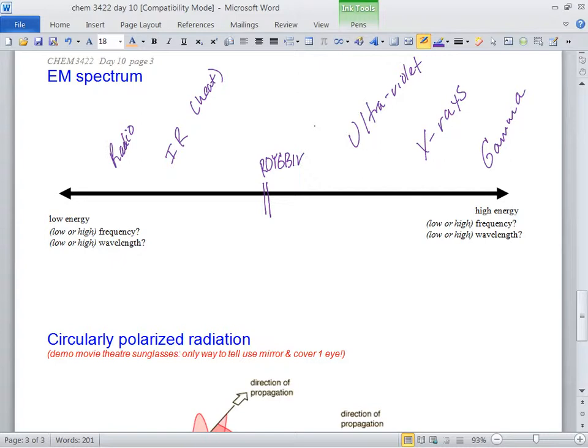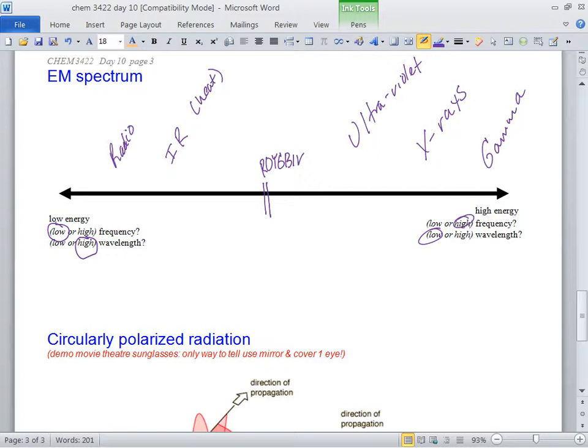Radio waves, maybe we should do this part first. Low energy is low or high frequency? You my PChem people? Low energy is low frequency and very long, big wavelengths, right? So that means over here you're going to circle high and low. High energy, high frequency, very short wavelengths.